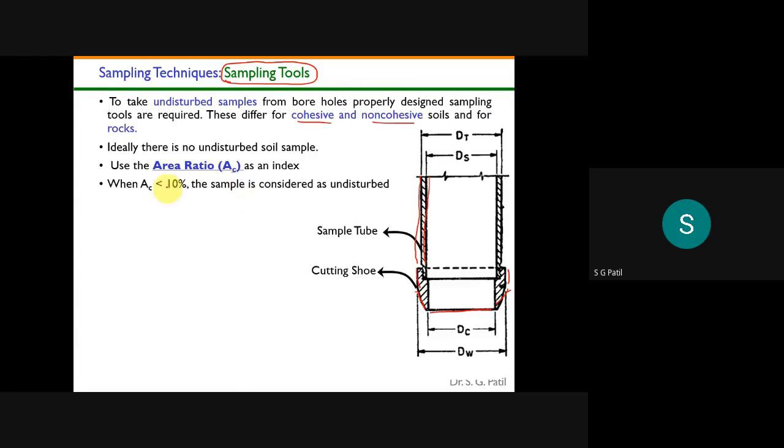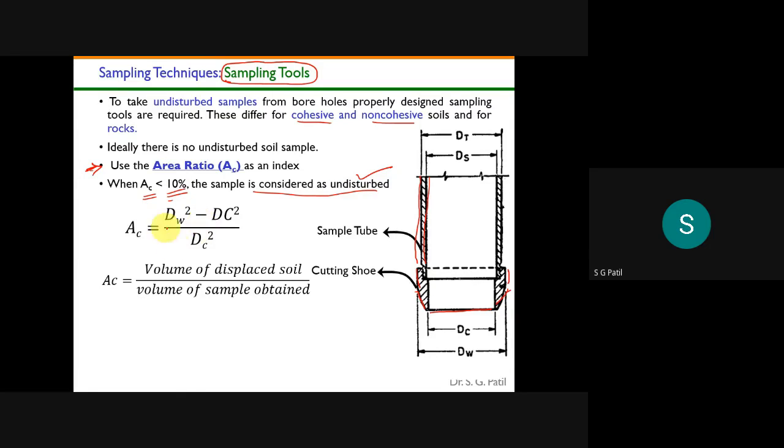The first parameter is the area ratio. Based on the area ratio, I can tell whether the collected soil sample is disturbed or undisturbed. If you calculate the area ratio and it is less than 10%, then the sample is considered to be an undisturbed soil sample. So what is area ratio?